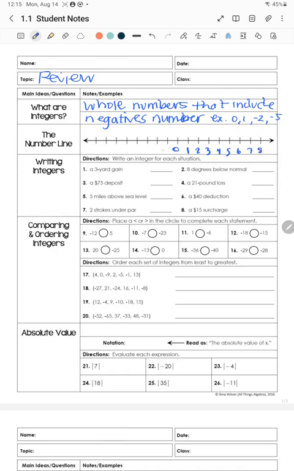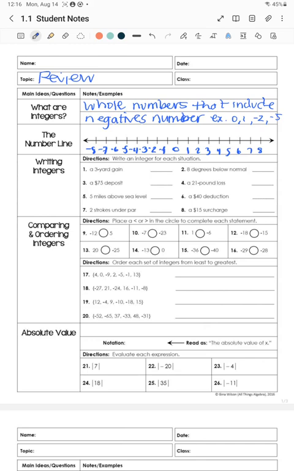To the left, we have -1, -2, -3, -4, -5, -6, -7, and -8. Great.